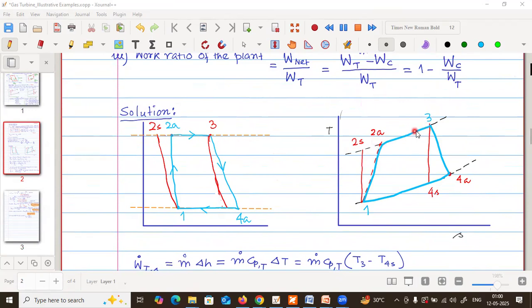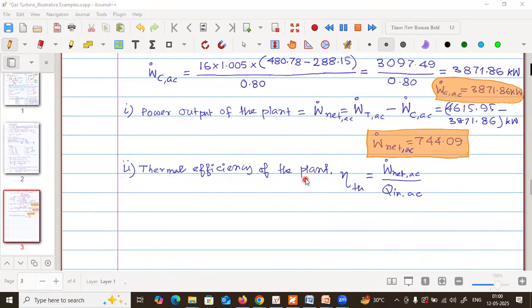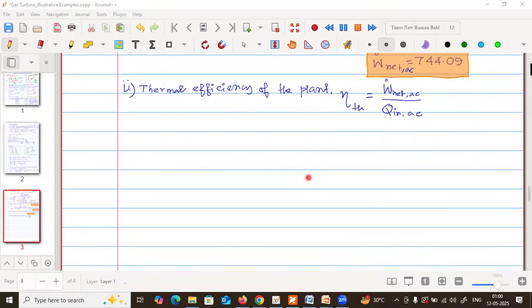So from 2A to 3, Q in actual is equal to m dot into delta H.